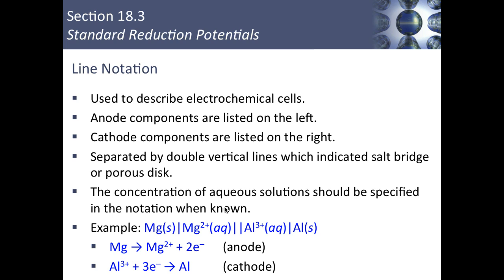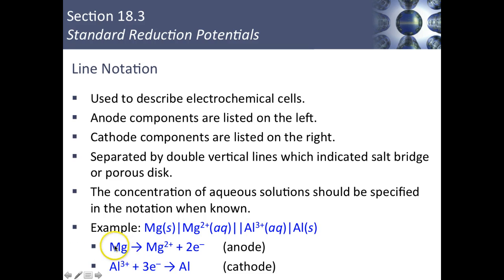Now, last thing to do for this part, and then we're going to go ahead and take a break for this next one. When we have our galvanic cell, we're going to have to show it in some way, shape, or form. And so, instead of writing out this whole process, we use what's called line notation. Now, the anode's components are always on the left. If you look at the bottom, I'm walking you through the example here.